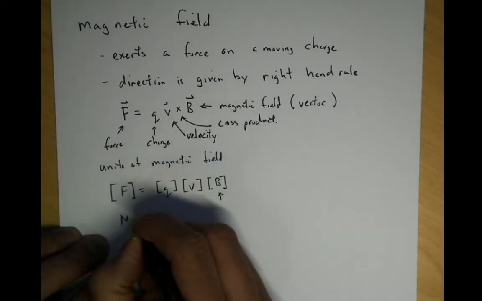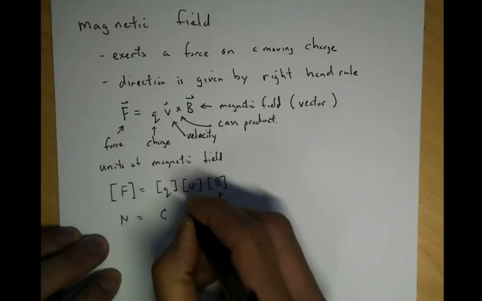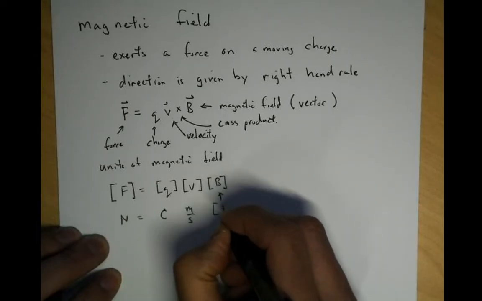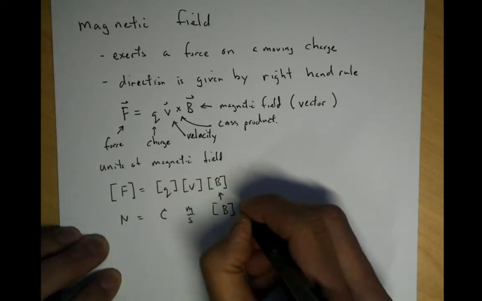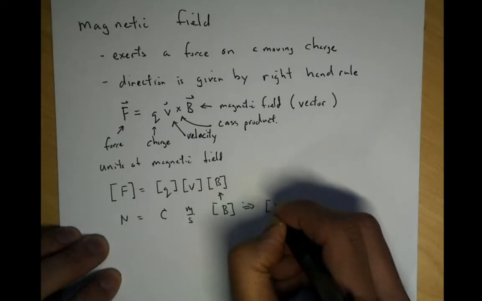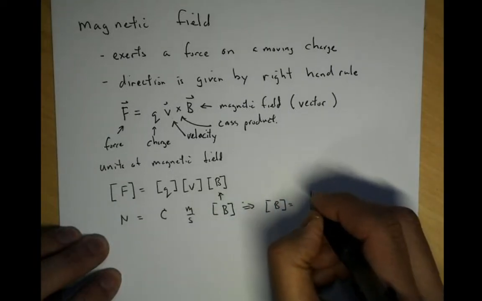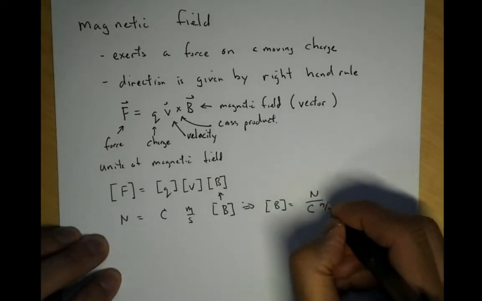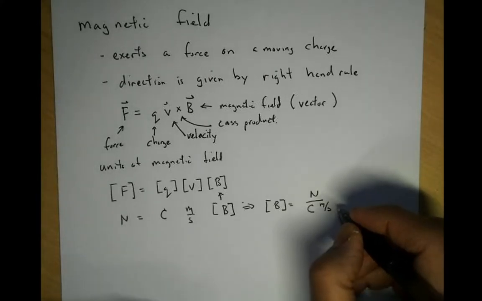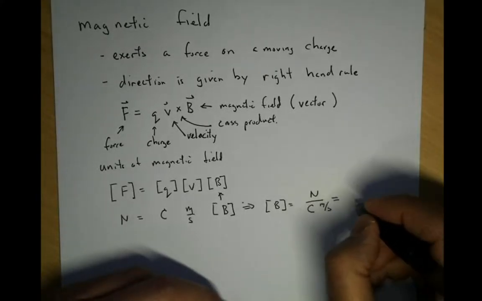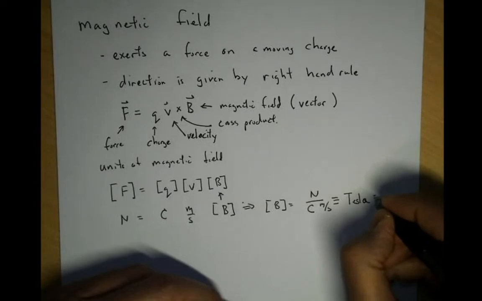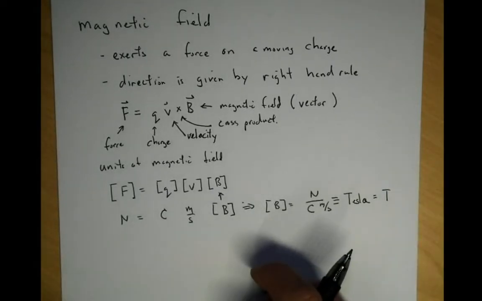Force is in newtons, charge is in coulombs, velocity is in meters per second, so B is in newtons over coulombs, meters per second. And we give this a special name. This is called a Tesla, or T for short.